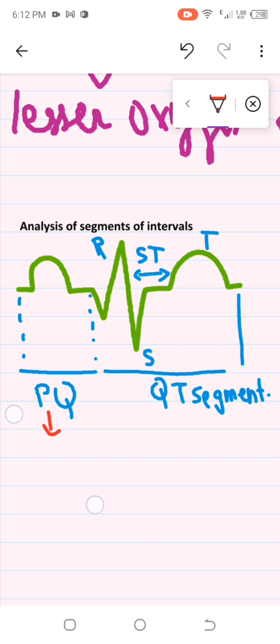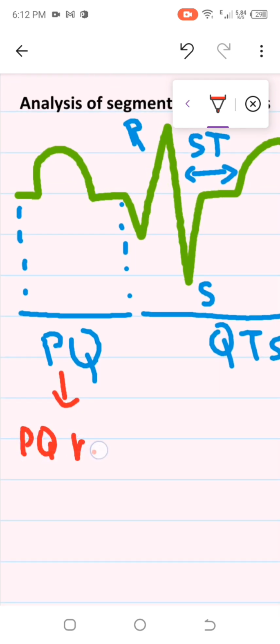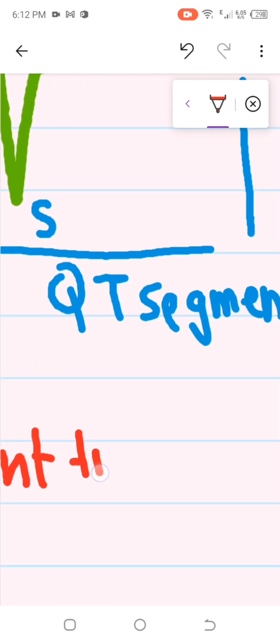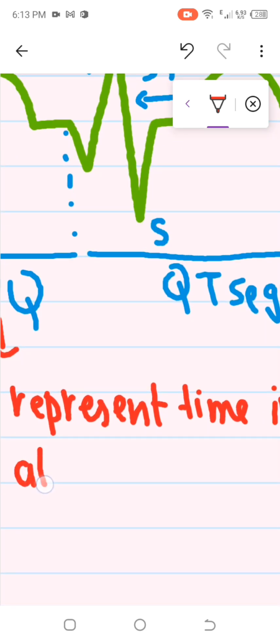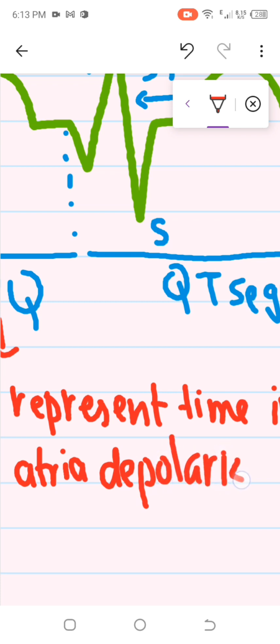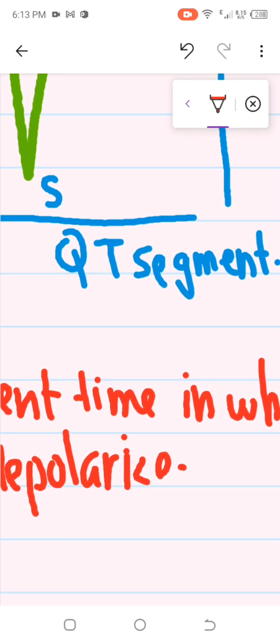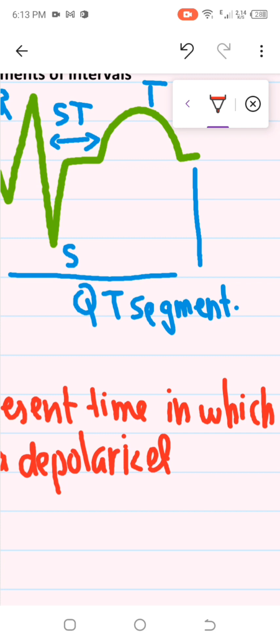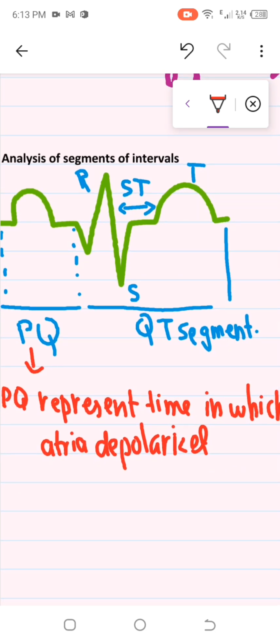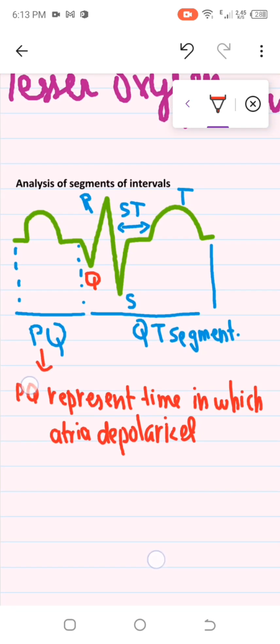PQ represents the time in which the atria are depolarized. When the wave of depolarization reaches the ventricle, this means the wave reaches the Q complex, which is the ventricle segment.